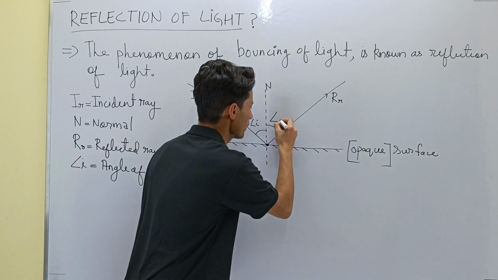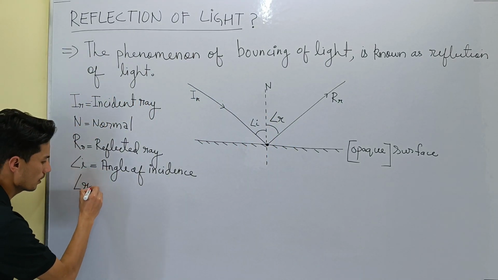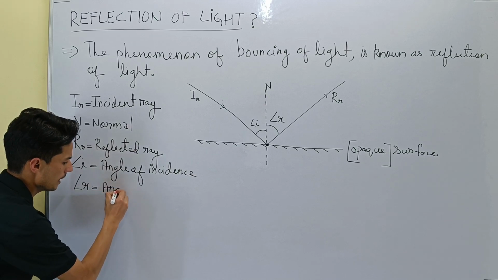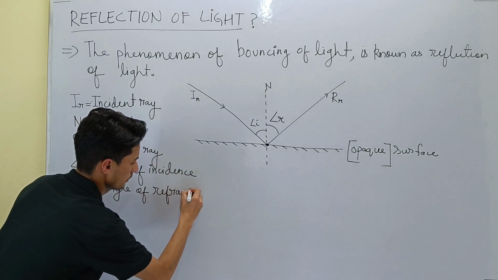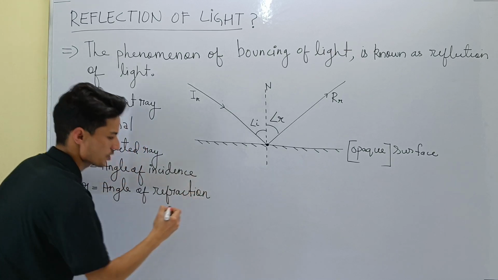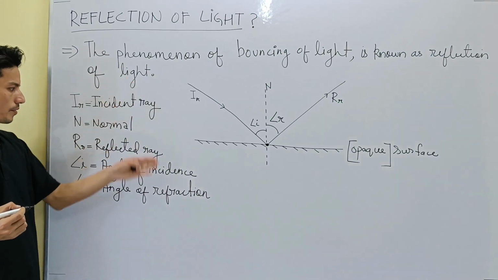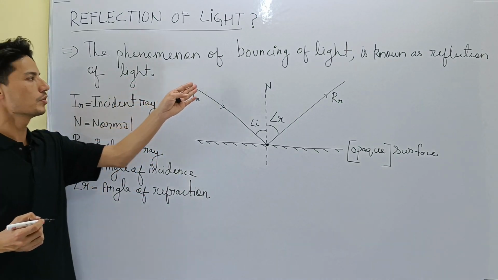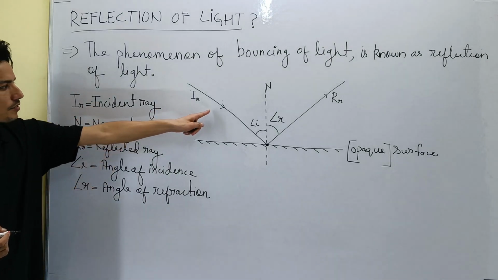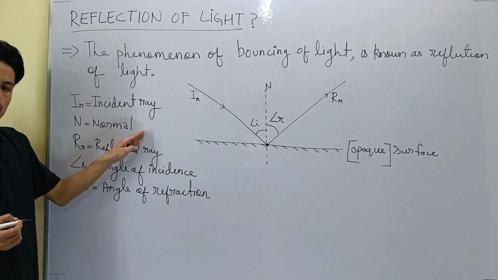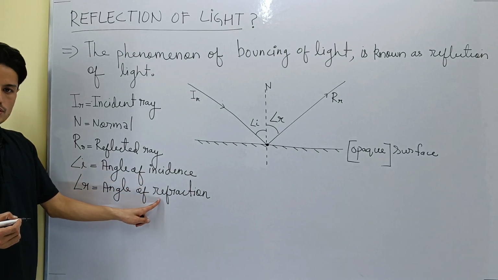This is the angle of reflection, very important. So now we have angle R, angle of reflection. So these are some important terms that you have to know when you are studying reflection of light: incident ray, normal, reflected ray, angle of incidence, angle of reflection.